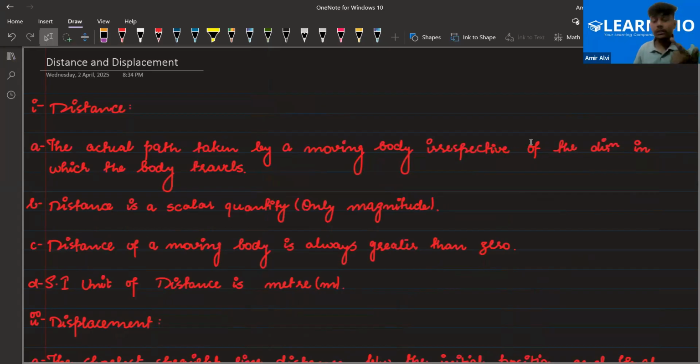As I've told you, distance does not depend on direction because it's a scalar quantity. Even if you change the direction, distance will get added up. Yes or no, everyone? Clear? That's why it says irrespective of the direction in which the body travels. Please note down the first 4 points of the distance, and after that I'll explain the displacement part.